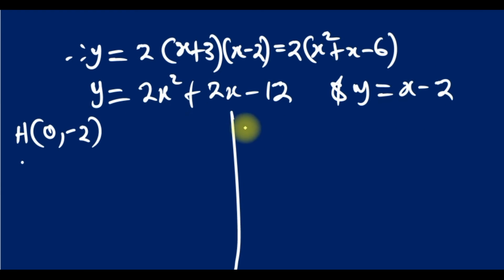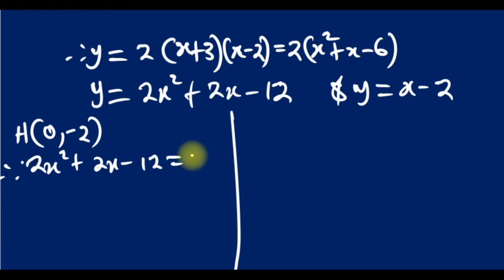So we equate the two. Therefore, 2x squared plus 2x minus 12 must be equal to x minus 2, because y is this and that same y is that, which means this is equal to that.